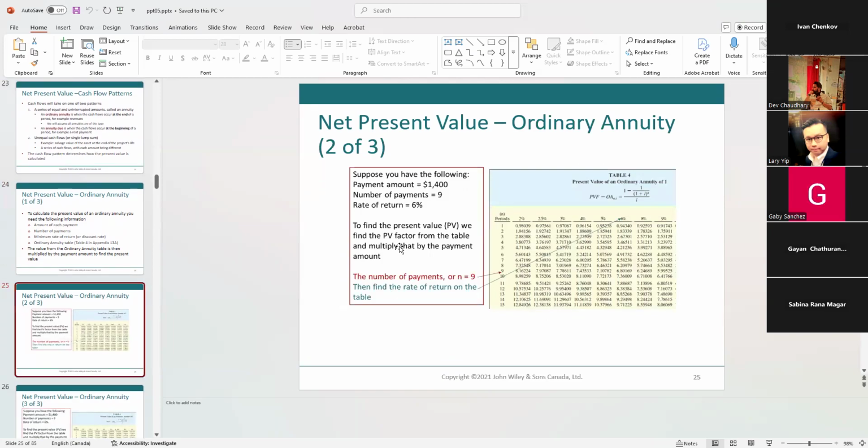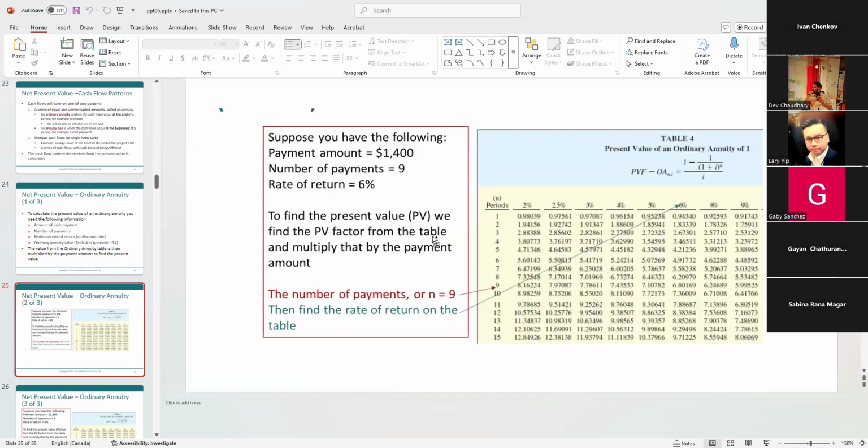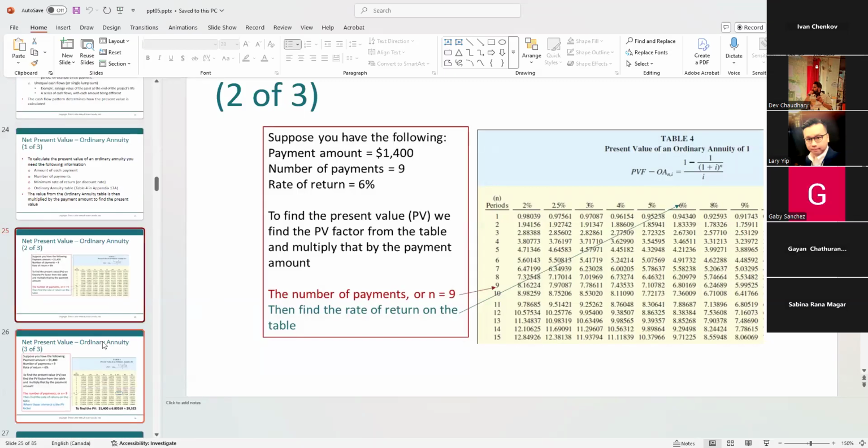So what we're going to do with that, this is if you're using the table, once you have the number of the payments, and once you check the rate of return, you can use it in the table where the period is 9, interest rate is 6, and you can go the fraction that you have to use in order to calculate the future value. This one.